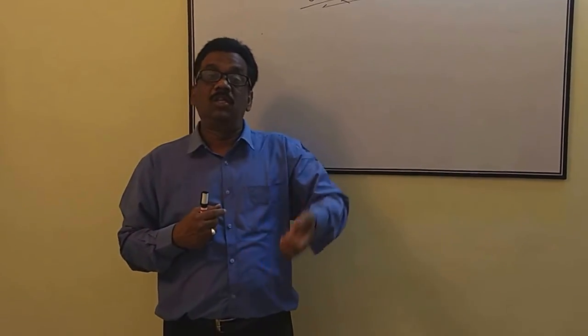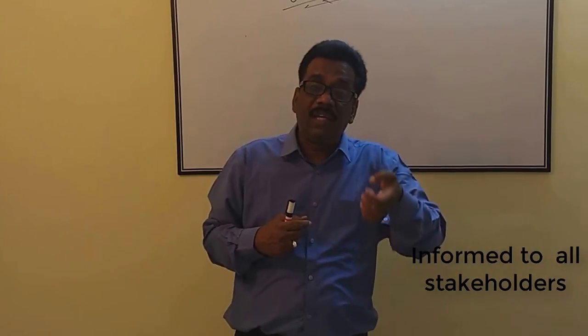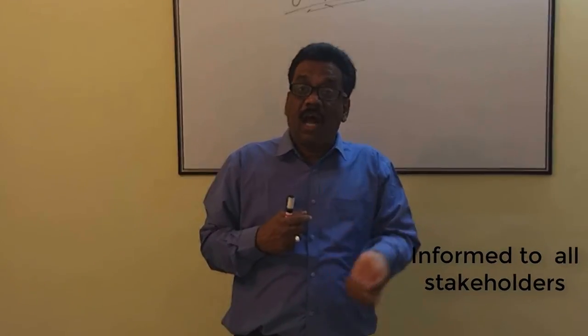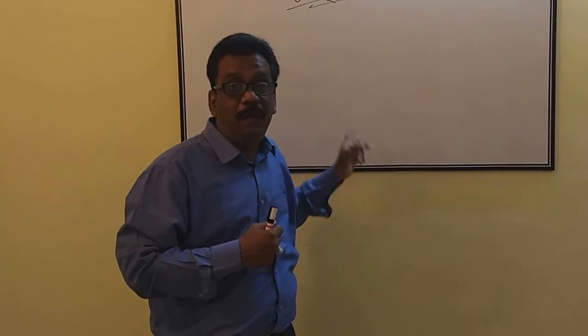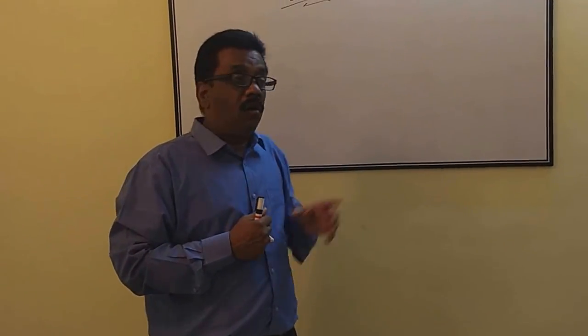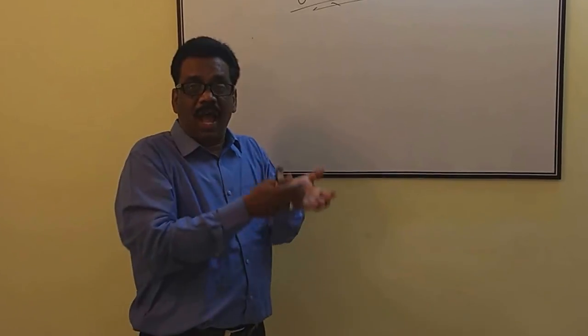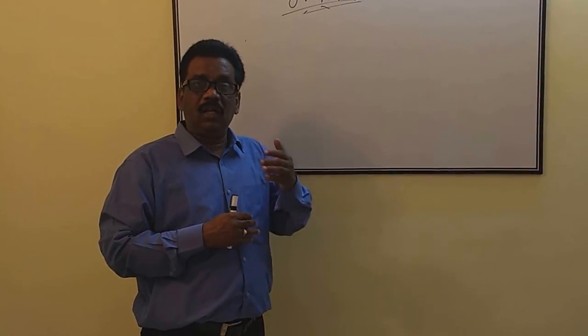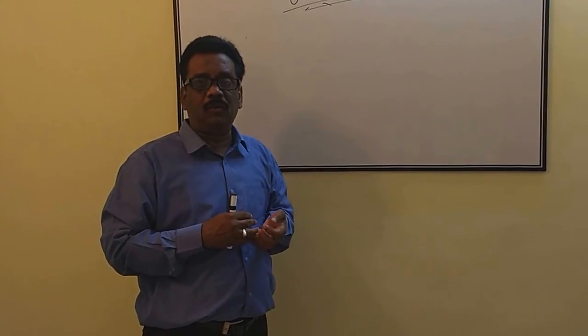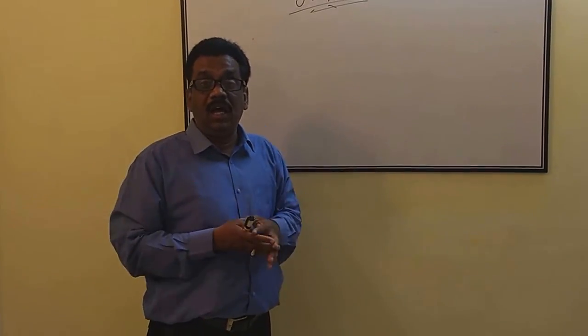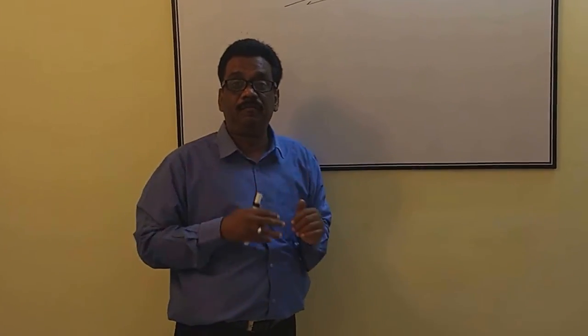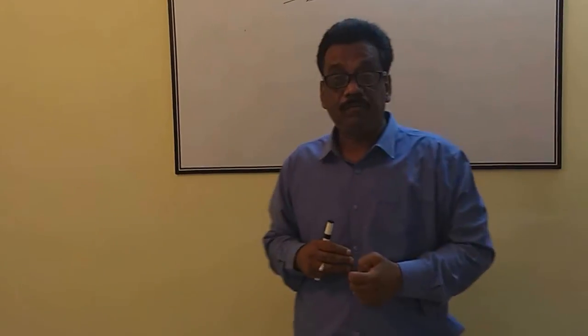And then disclosure. Whatever transactions are recorded, the ultimate objective should be fulfilled by the accounting. The interested parties and stakeholders should have the information, so soon after preparation, the accounts must be disclosed to the relevant parties. Then relevancy.